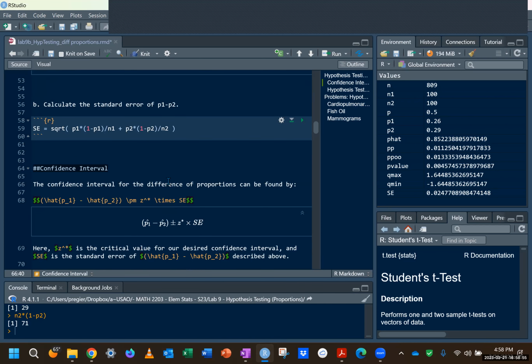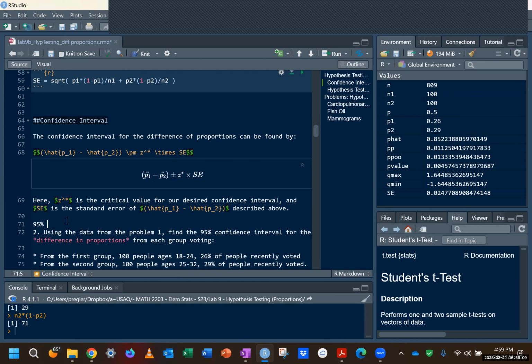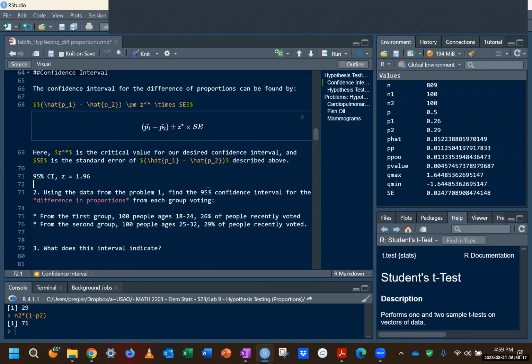The confidence interval for the difference of two proportions is the difference itself plus or minus some critical value times SE. Remember that critical value? Z star for the 95% confidence interval is 1.96. So that's what we use for this first problem.